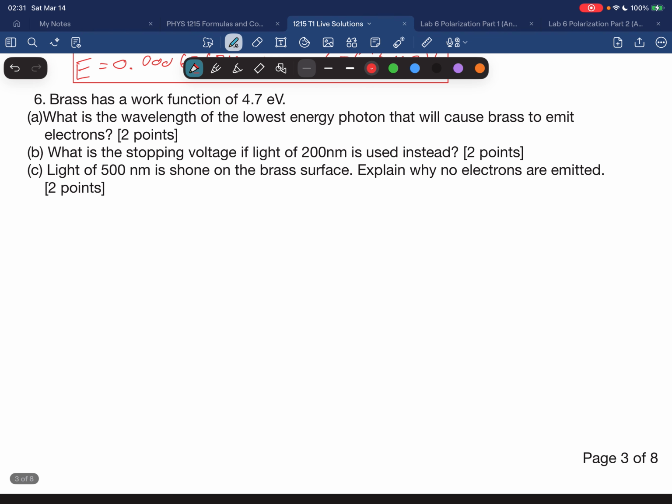Number 6: brass has a work function of 4.7 electron volts. Part A, what is the wavelength of the lowest energy photon that will cause brass to emit electrons? Okay, so I'm going to do A, B, C each in their own colors so that they are very distinct.